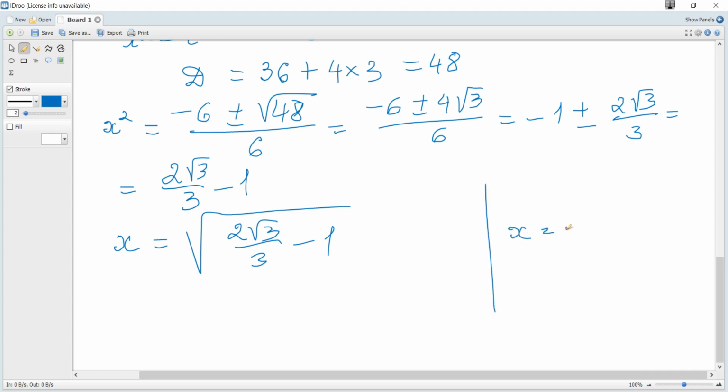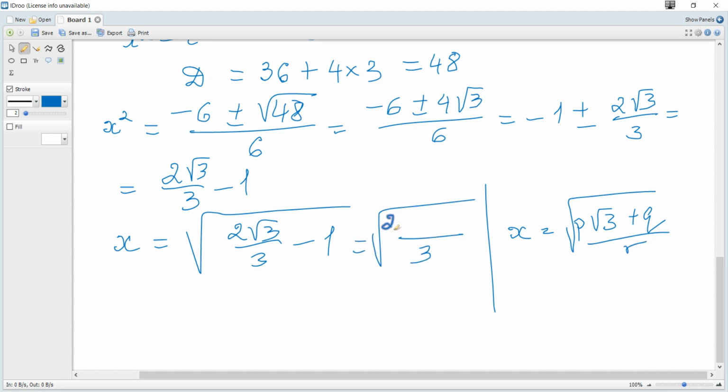It looks like x is square root of p root 3 plus q over r. So we do a common denominator, 2 root 3 minus 3. Yes, it's correct. It's as required.